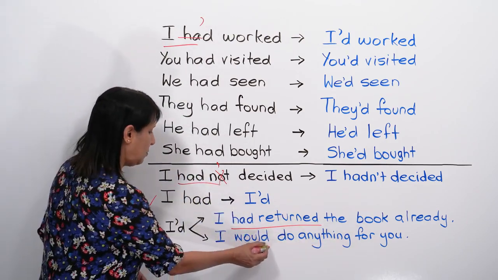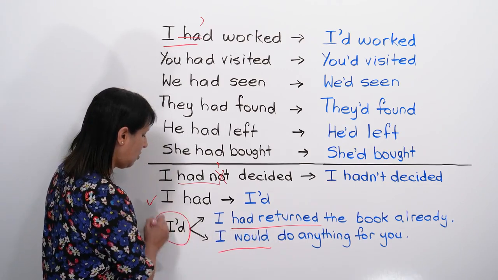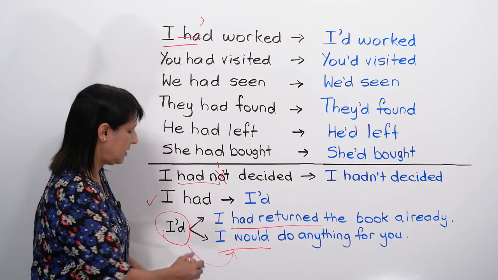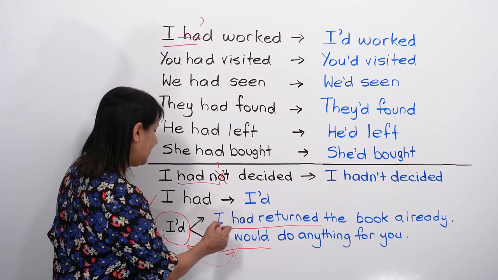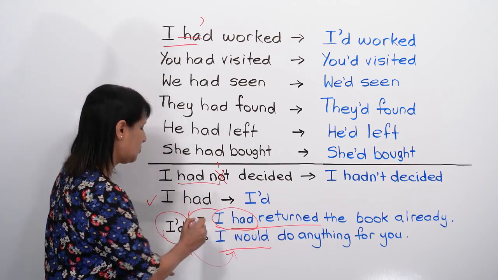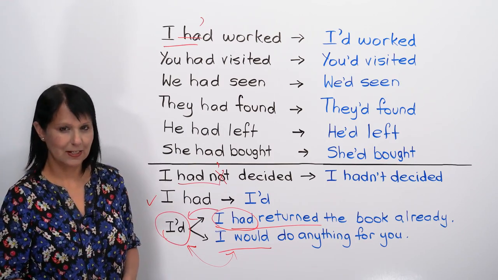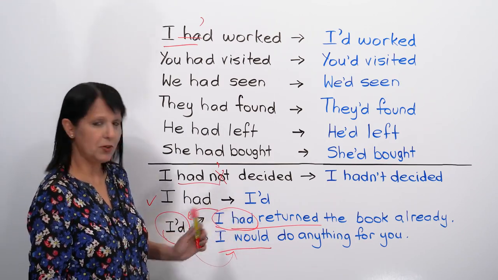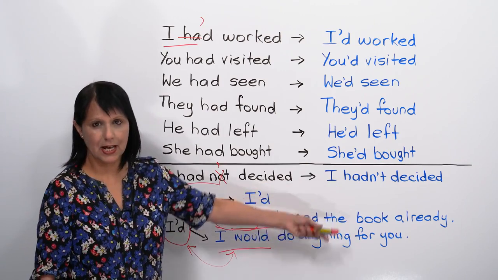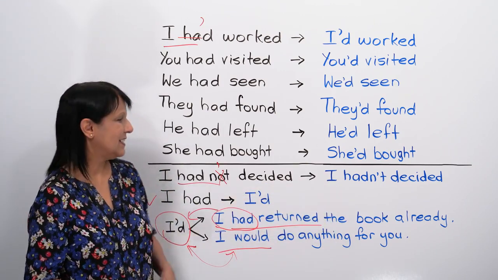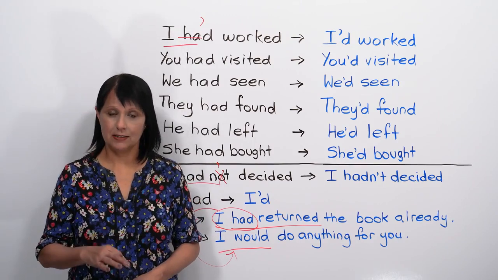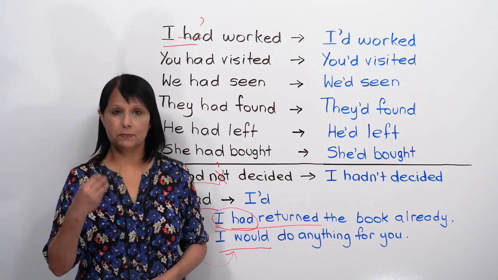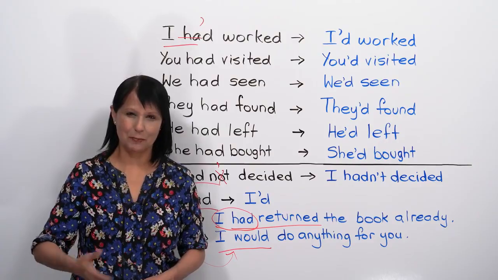So I would can also be shortened to I'd. Okay? And I had can also be shortened to I'd. And you know which one it stands for based on what happens after that. Okay? So these are the main points to keep in mind when you're writing in the past perfect and when you're speaking and wish to pronounce it properly.